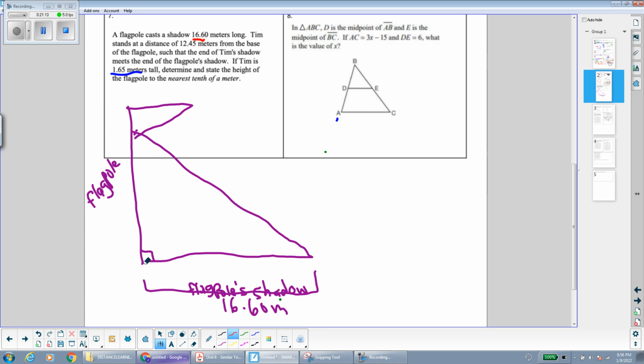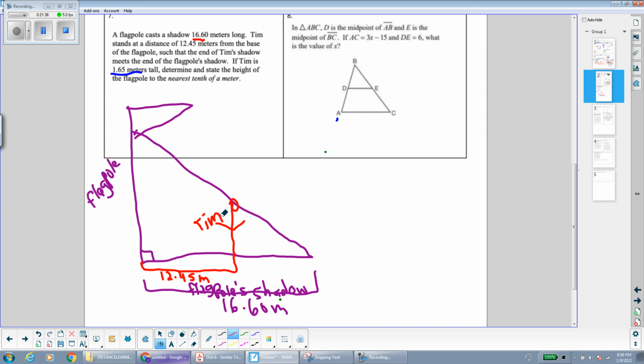So here's the base of the flagpole. That means the bottom of the flagpole. So Tim is standing somewhere that is 12.45 meters from that bottom of the flagpole. So Tim could be standing right over here. Let's make this Tim. Here's a person. I'm going to call this Tim over here.